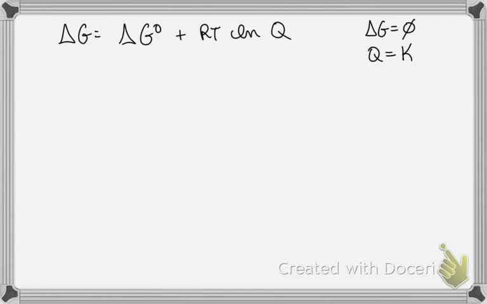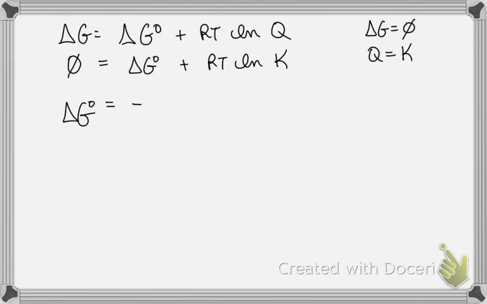So we know that at equilibrium, we have this. And so if we just solve for delta G standard, it is equal to negative RT times the natural log of K. Okay, so the delta G standard can give us the equilibrium constant for a reaction.